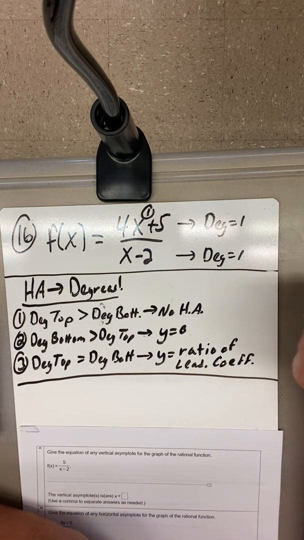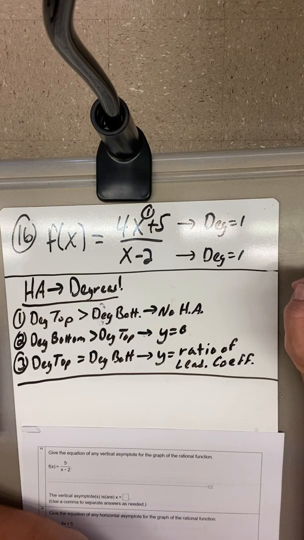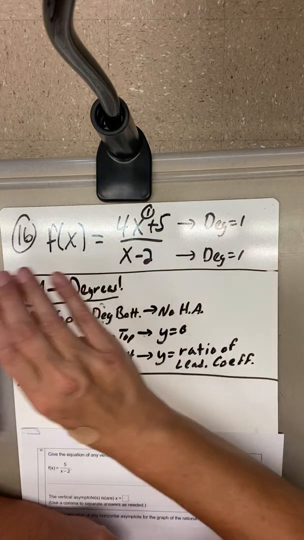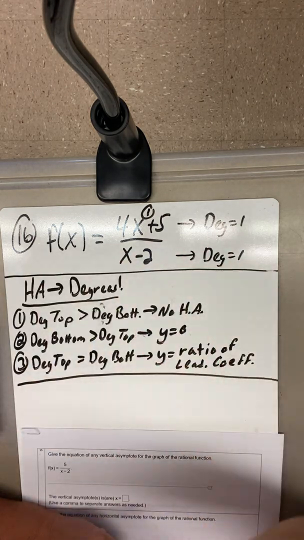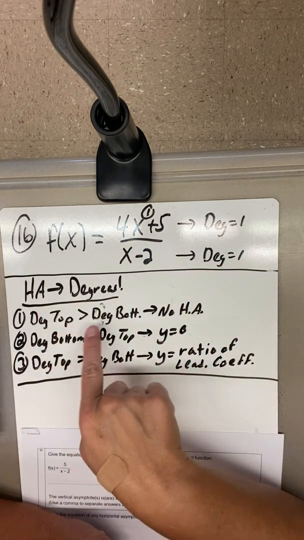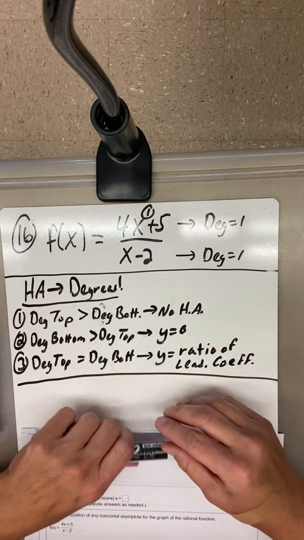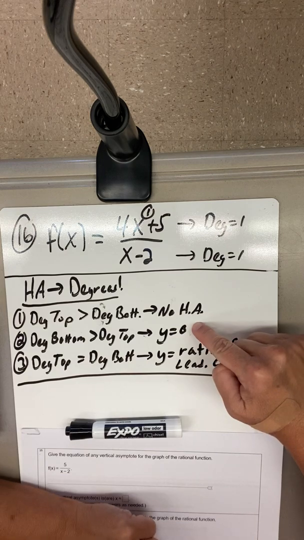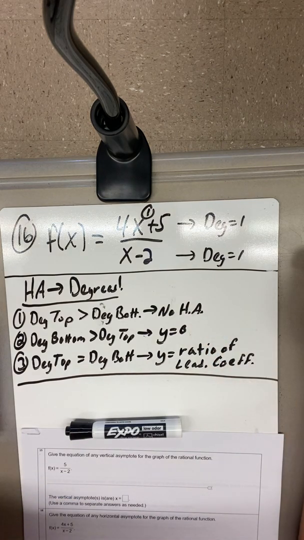We're talking about asymptotes. That sounds like a bad word, right? Horizontal asymptotes, so think of a body. If your top is bigger than your bottom, you got a top and a little bottom, you don't have a bottom: no horizontal asymptote.